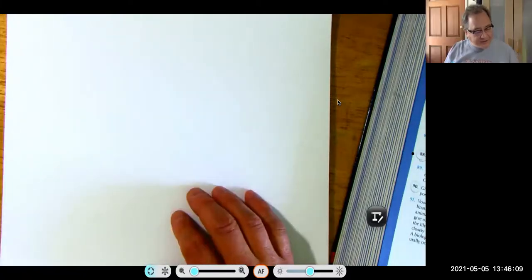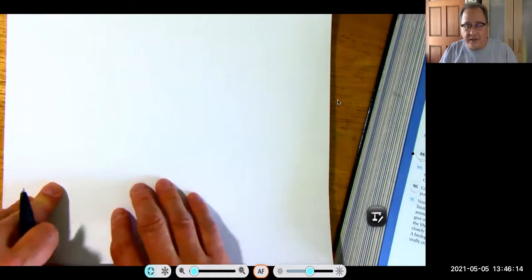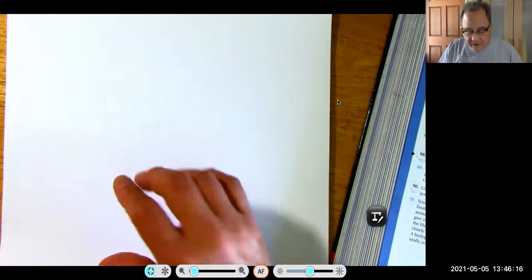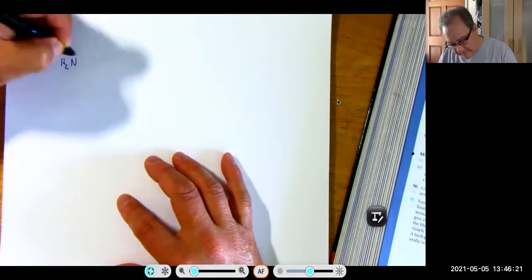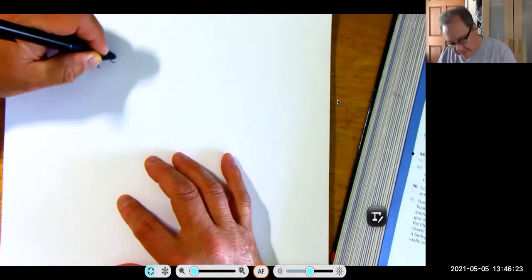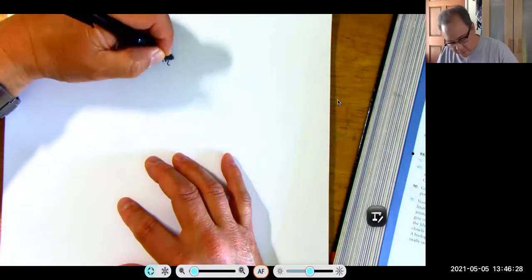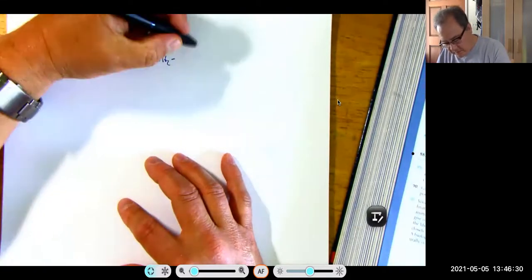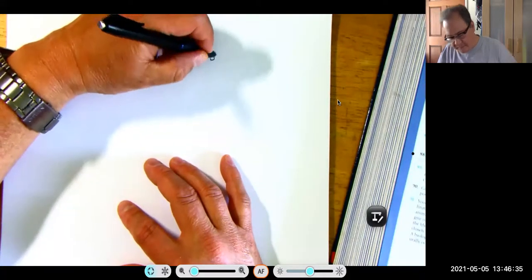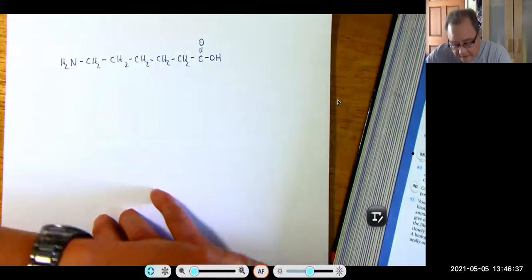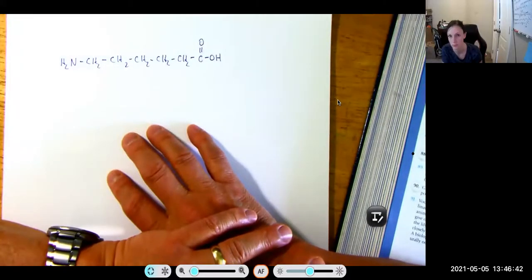Now, let me ask you this. Why might you not want to use something like this to make a polymer? Now, this we saw made a polymer, right? Yeah.